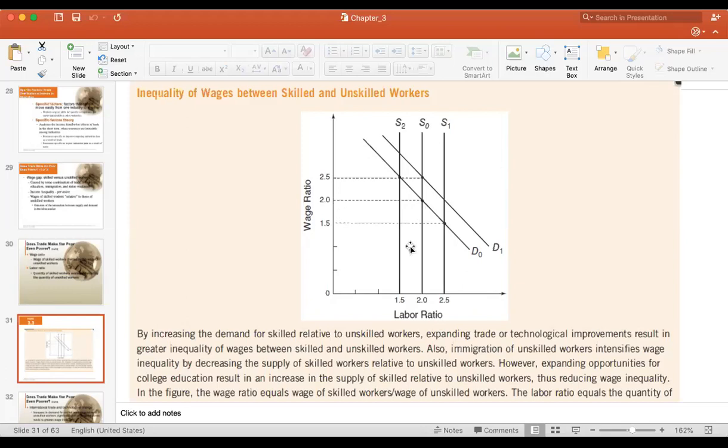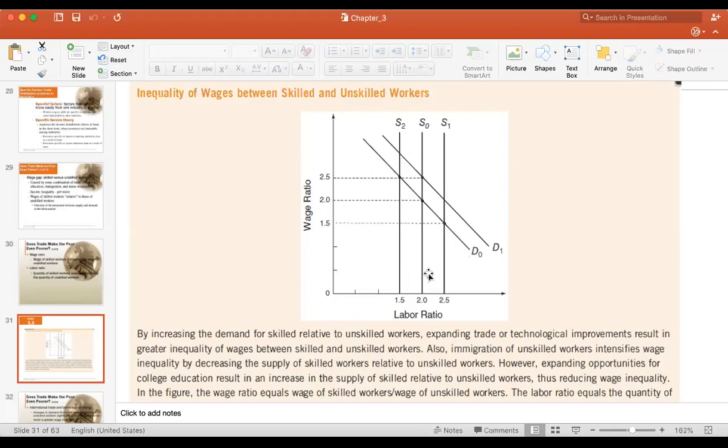Now suppose there is an increase in immigration of unskilled workers to the US. Will this affect demand? No. Demand is not going to be affected by it. Will it affect supply? Yes. What will happen to the supply curve? It will decrease. It will shift to the left. Why? Because here we're talking about ratios, skilled over unskilled. So if you increase unskilled, what happens to your ratio?